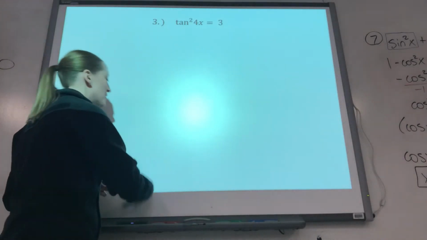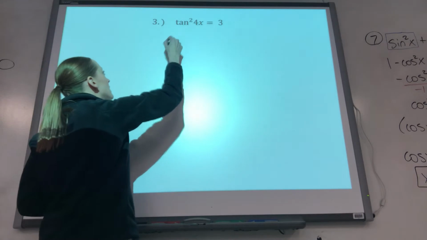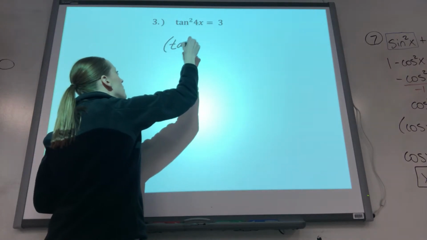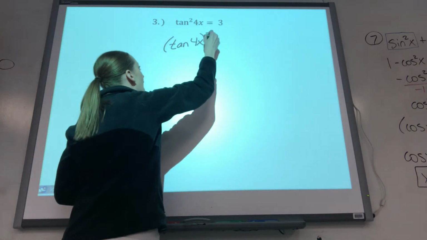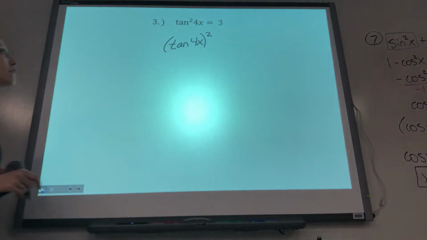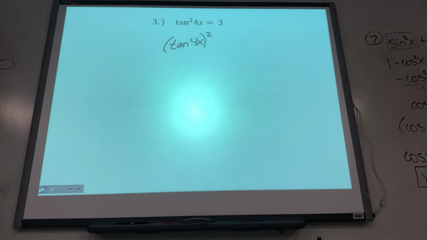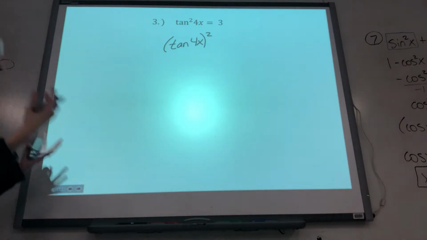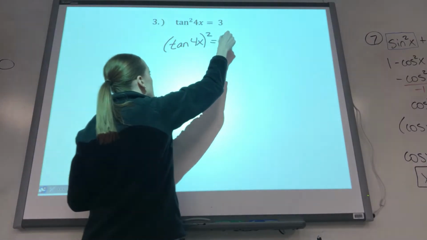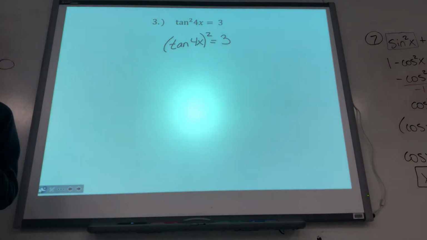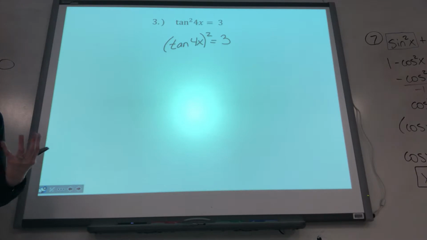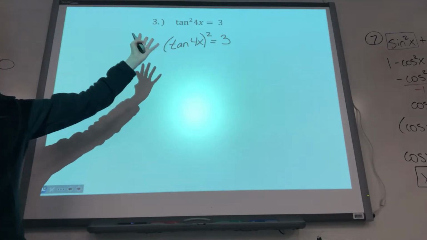You don't have to write this step out if you don't want to, but I do want you to remember that tangent squared of 4x is the same as the entire tangent of 4x squared. And so what do we need to do to get rid of the square?